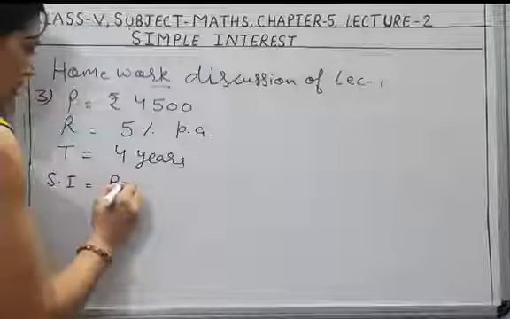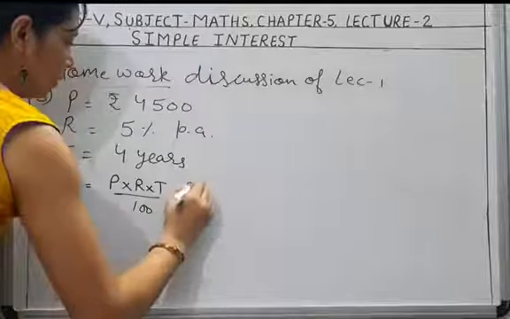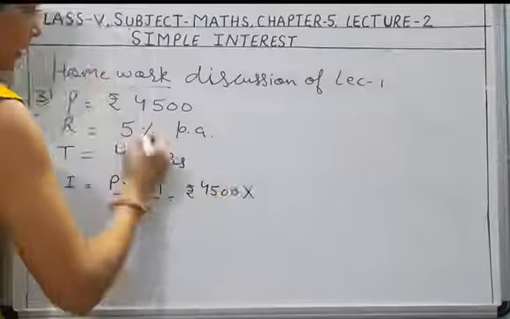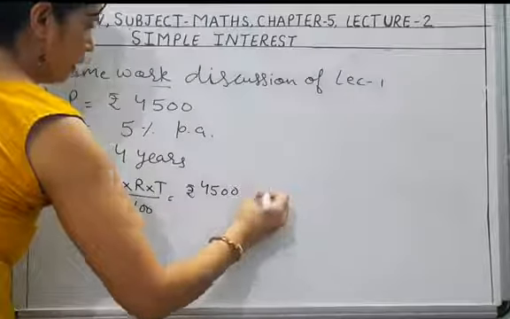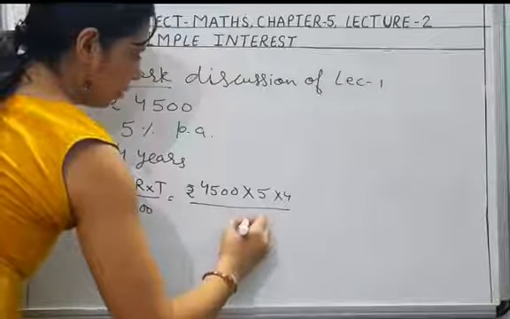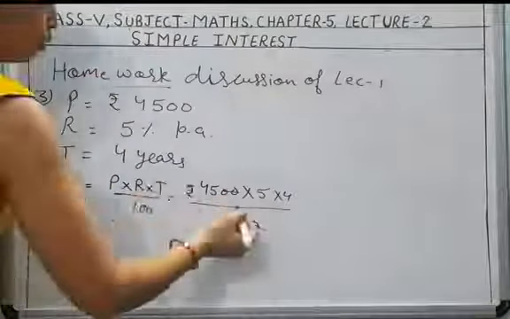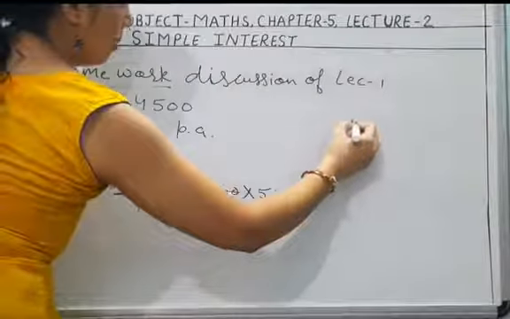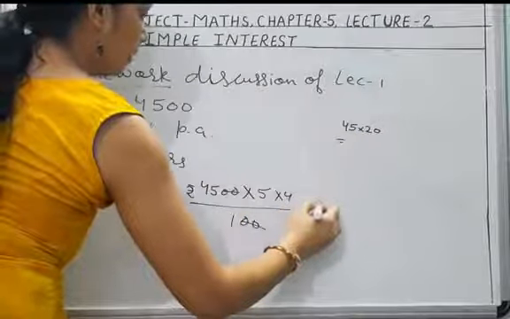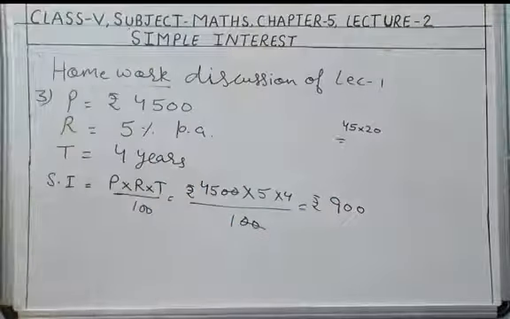Simple interest is principal into rate into time upon 100. Rupees 4,500 multiply 5 into 4 upon 100. Cancel these 2 zeros. Okay. 5 4s are 20. 45 multiply by 20. 45 2s are 90, and 20s are 900.